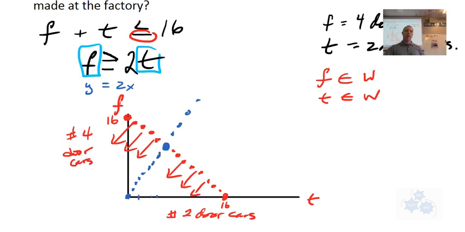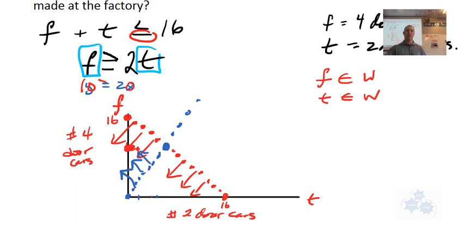Let's test 2 and 10, which would be in this region somewhere. Or even 0 and 10. Let's do 0 and 10, at this point right here. Does this work? Is 10 greater than or equal to 0? Yes. Is everyone understanding what I'm doing with these test points? Yeah?